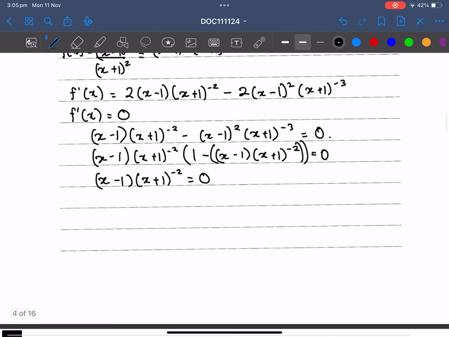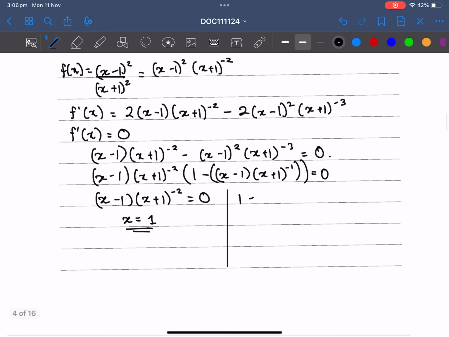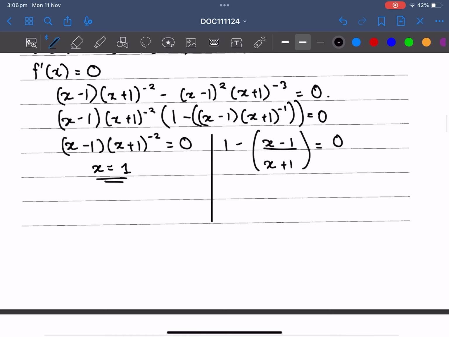So for this, our answer is just going to be x equals 1. And for the next case, we'll have 1 minus, wait, this is meant to be minus 1. Yeah, okay, that makes sense.